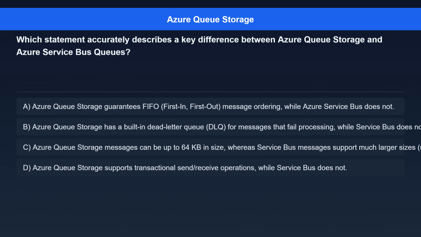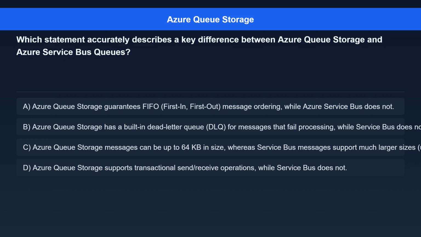Question 6. Which statement accurately describes a key difference between Azure Queue Storage and Azure Service Bus queues? Option A. Azure Queue Storage guarantees FIFO, first in, first out, message ordering, while Azure Service Bus does not. Option B. Azure Queue Storage has a built-in dead letter queue, DLQ, for messages that fail processing, while Service Bus does not.